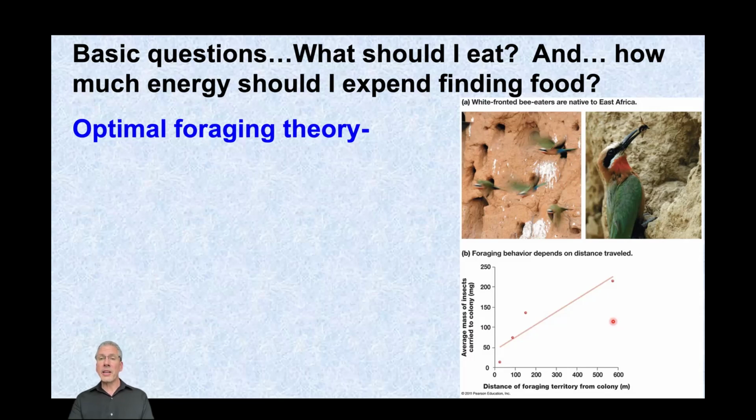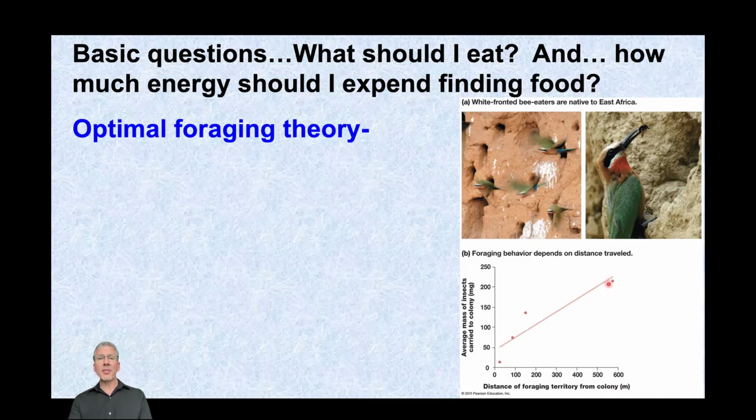That's illustrated here. For example, you have these birds living in nests on the side of this cliff, and the birds can fly away and bring back various insects and feed their young. If you look at this graph, this essentially shows that the farther these birds fly away from their nest, the more insects they bring back to the nest.